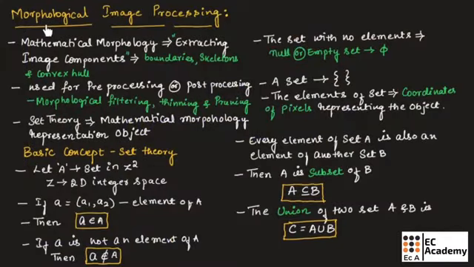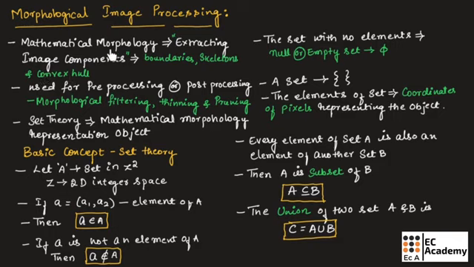In this lecture, let us understand morphological image processing. In image processing, mathematical morphology is used as a tool for extracting the image components that are useful in representation and description of regions such as boundaries, skeletons, and convex hull.